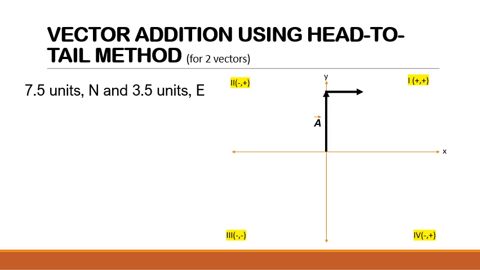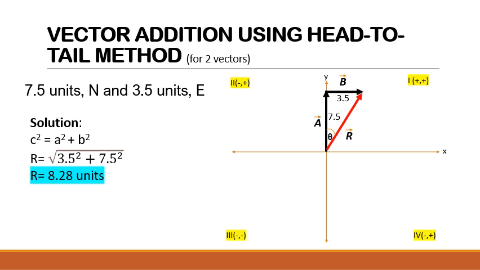To represent our resultant vector, you will notice here an arrow with an arrowhead touching the arrowhead of the last vector, or the second vector. So how do you compute that? Get the sum of the squares of the sides, 3.5 and 7.5.